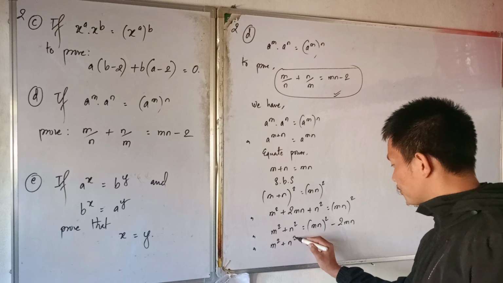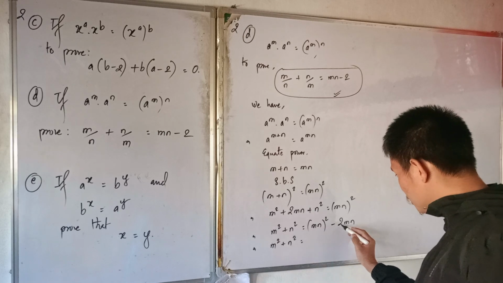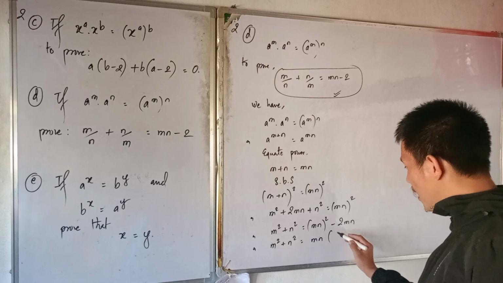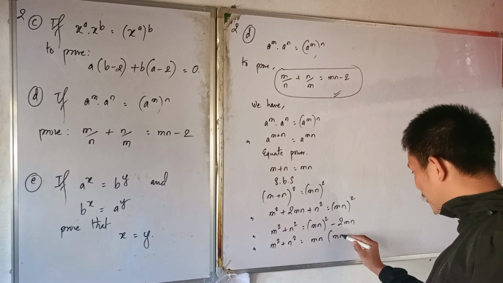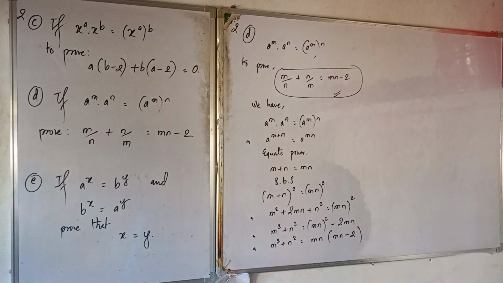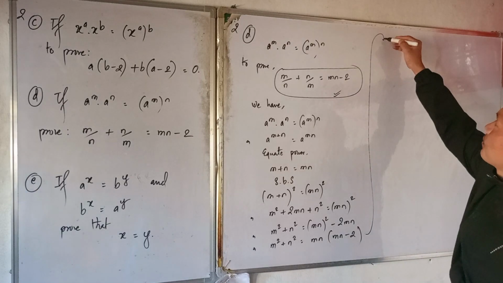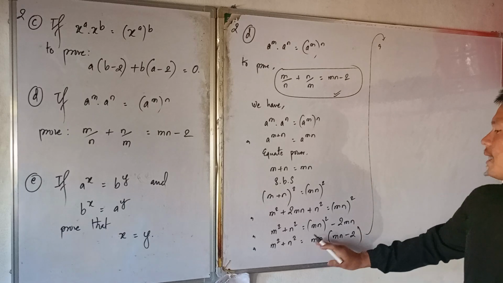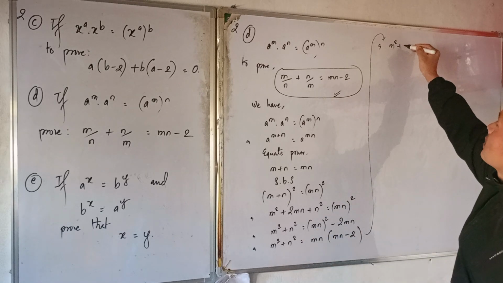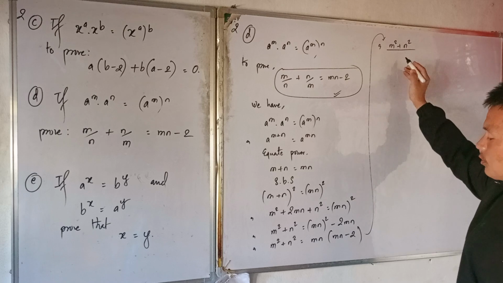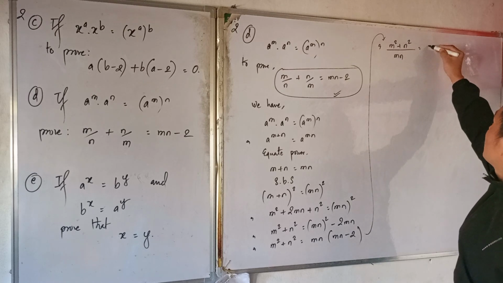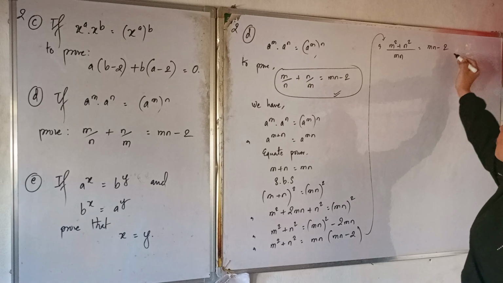is equals to, now from here you can take mn common, here is square, now here only remains mn minus 2, right? After this you can move this mn to the other side, m square plus n square to the left hand side, it will go into the denominator, mn is equals to, here remains mn minus 2.